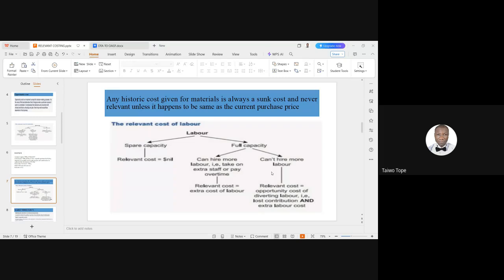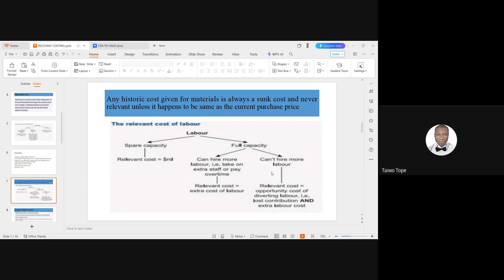So the extra cost of labor that you're talking about, when we hire additional staff and pay them, or you do overtime and we pay you extra, is not an opportunity cost, but it is a relevant cost because we need more time, more hours to meet up with the production.